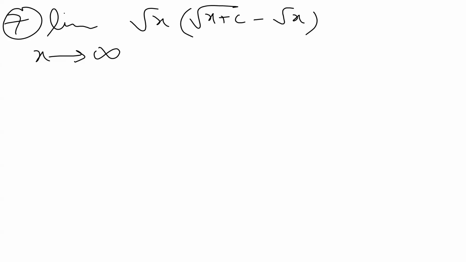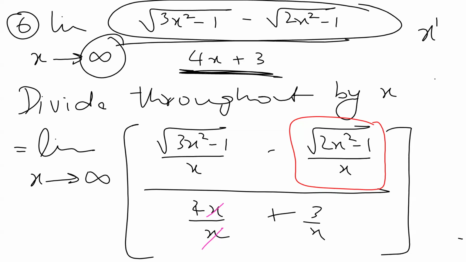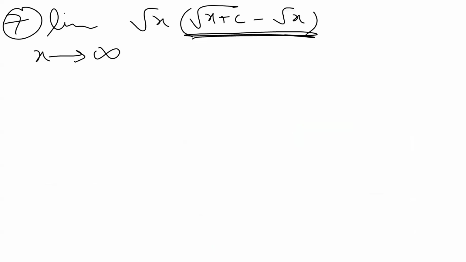So to get the denominator, we'll rationalize this root minus root thing, like in yesterday's class. In the previous problem also root minus root was there, but then it's an infinity problem and the denominator is there, so I did not rationalize. But here in this problem, there is no denominator, so we'll just rationalize this first.